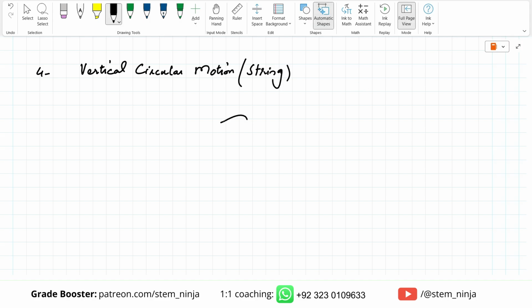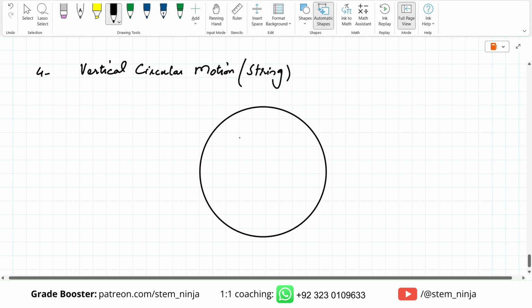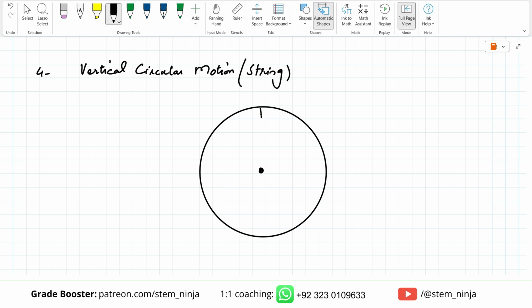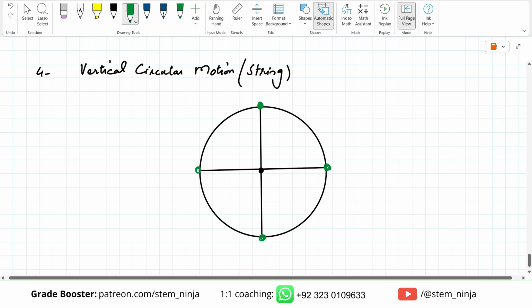So what that means is you have this centered over here, and you have string passing through the center. This is your object, this is your object, this is your object, and this is your object.